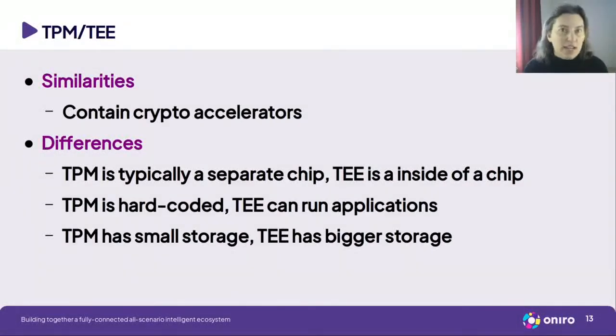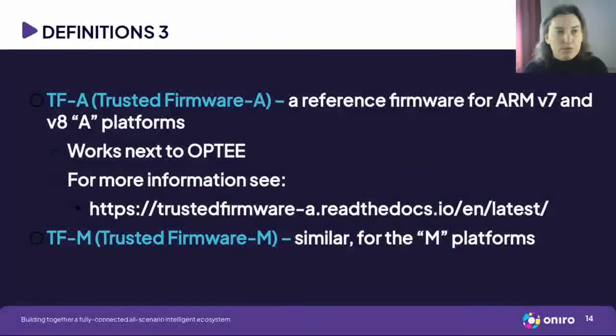You can just access a few registers and put values in them, while a TEE can run applications. You can write applications for the TEE. A little bit related to this, a TPM has pretty small storage, and a TEE has way bigger storage. Of course, it can be storing the application and its data. So both TPM and TEE you can use to obtain secure boot.